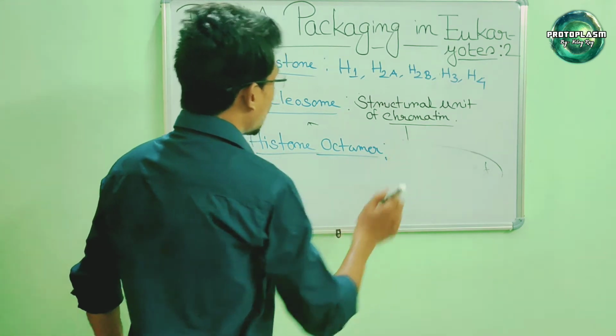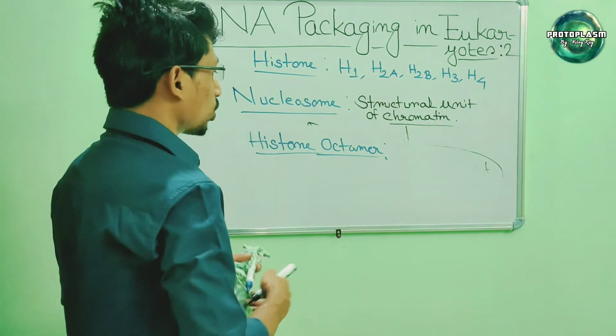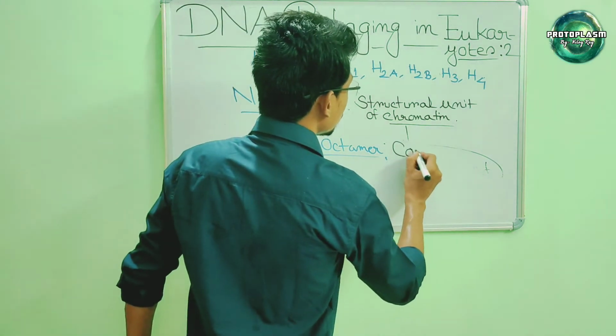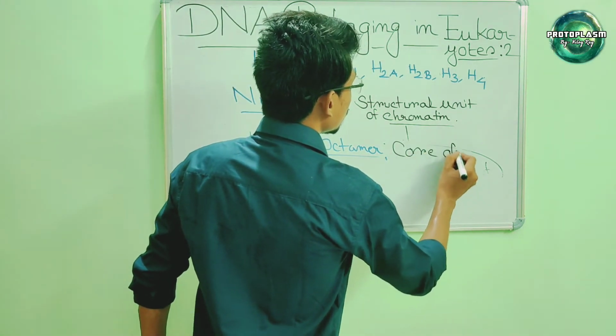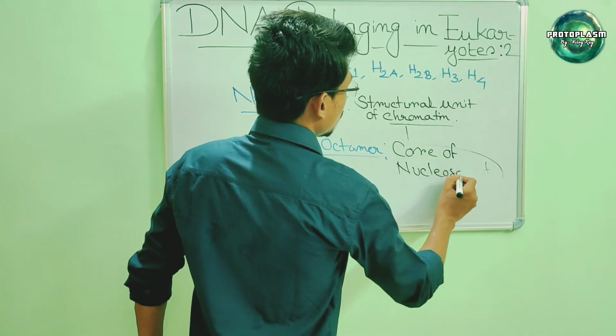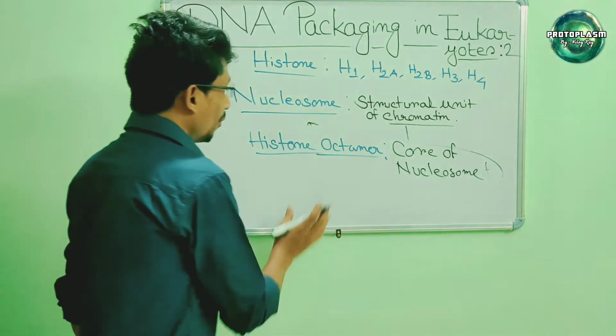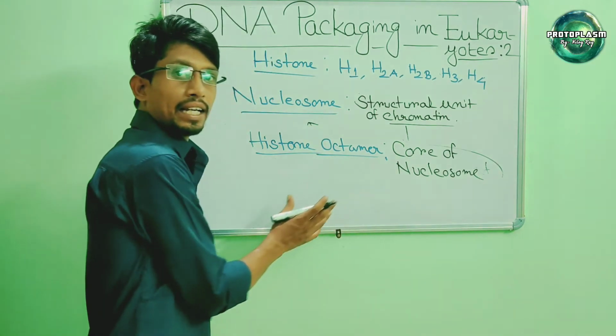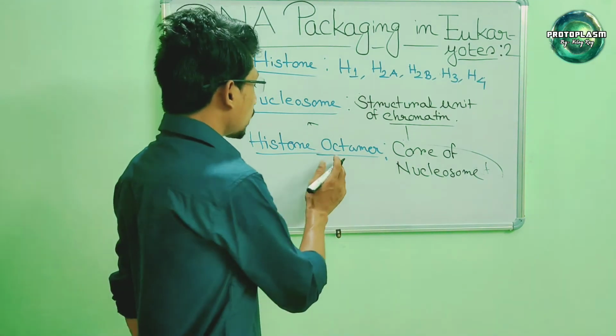The histone octamer is the core of the nucleosome. Why octamer? Because it is made of 8 subunits.